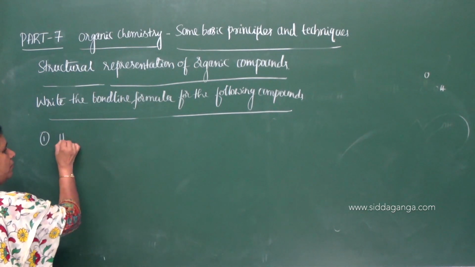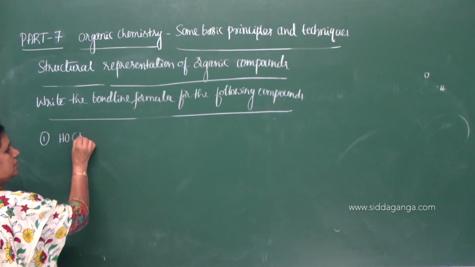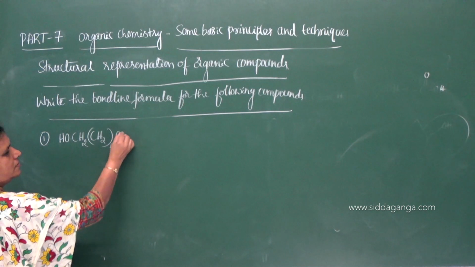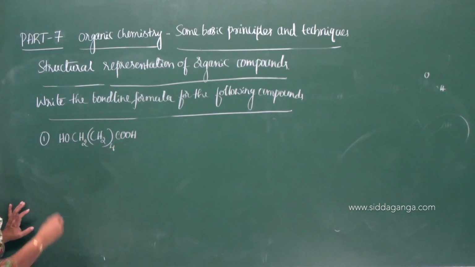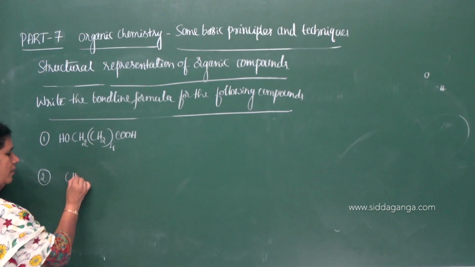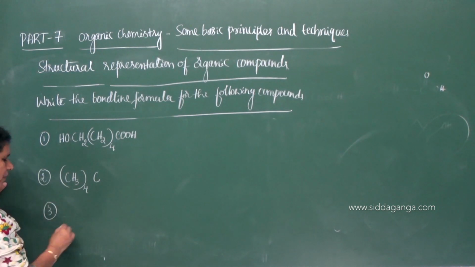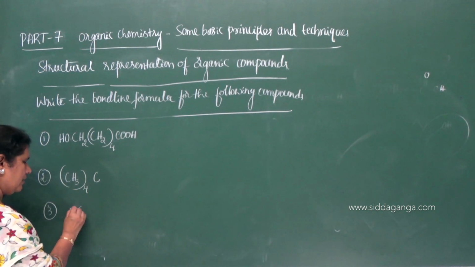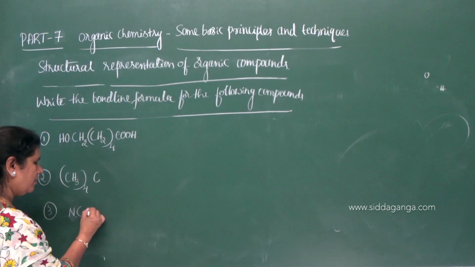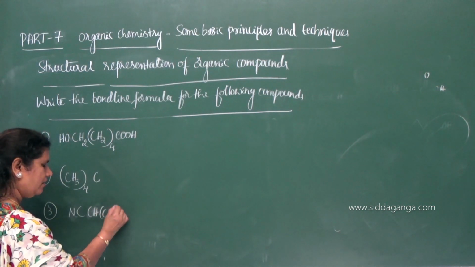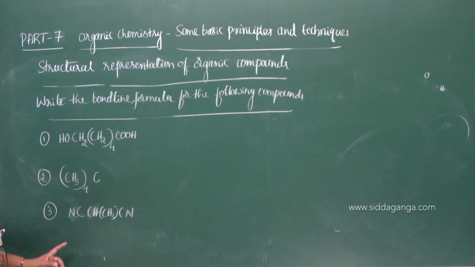First one, OH CH2, CH2 4 times, COOH. Second one, CH3 4 times C. Third one, CN CH CH3 CN. CN CH3 CN.